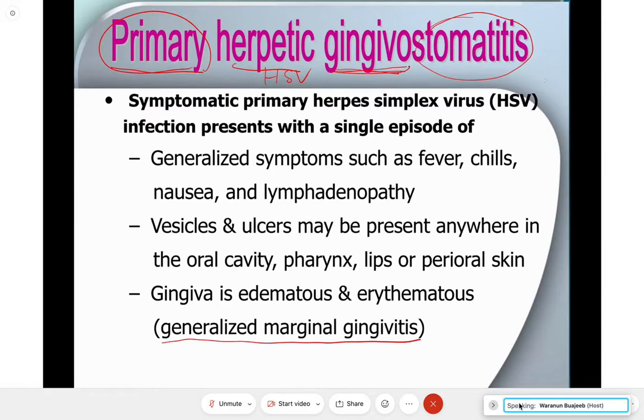And what type of lesions occur? At first, vesicle formation. And then after that, breaking down to ulcers, with gingival involvement.